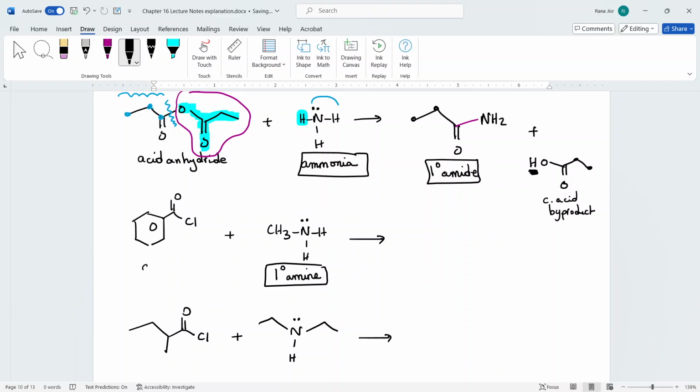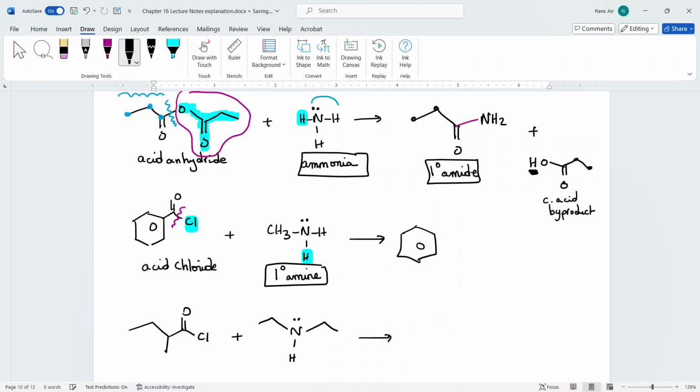Whether you're starting with an acid chloride or an anhydride, it doesn't matter. You just have to know what you are losing. With acid chlorides, you are losing a chlorine. You're going to lose a hydrogen from here. Always amines lose a hydrogen, always. And then you're going to combine your amide together.